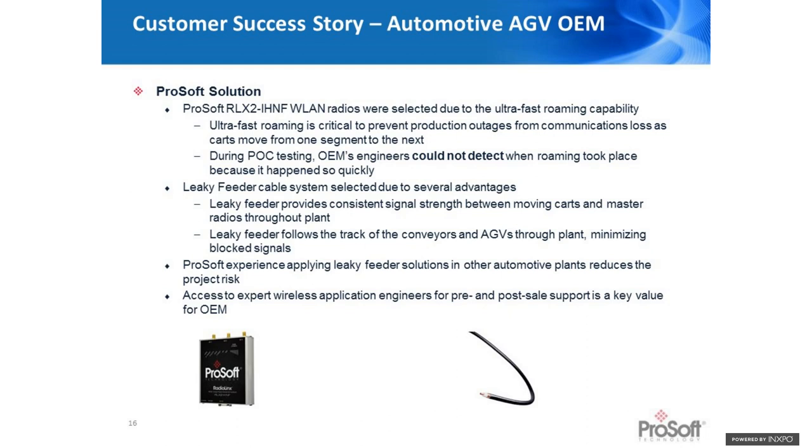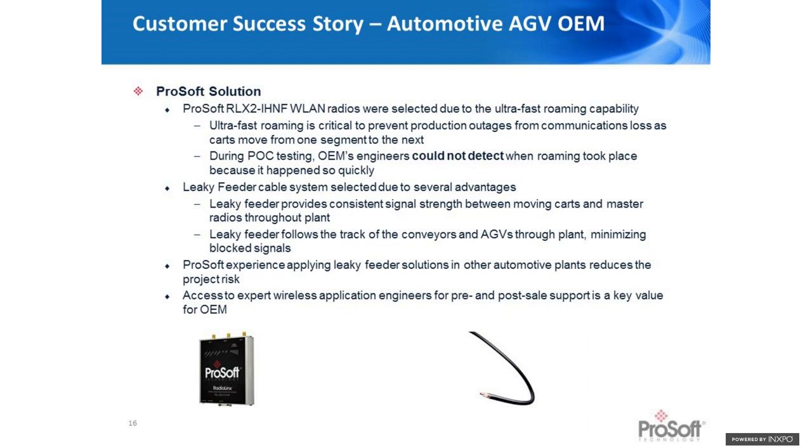So that minimized the potential for blocked signals or anything like that that might have happened if we had tried to place access points with over-the-air antennas throughout the facility. Again, we've got those moving reflectors moving around the plant, and this reduces that risk.